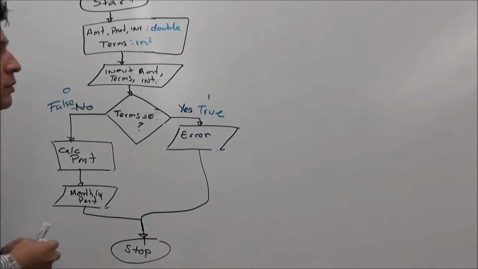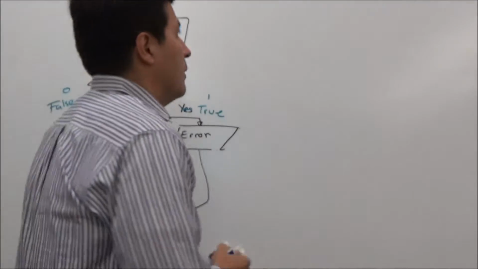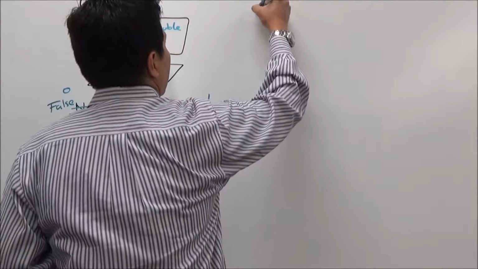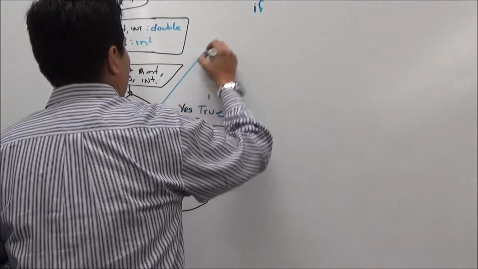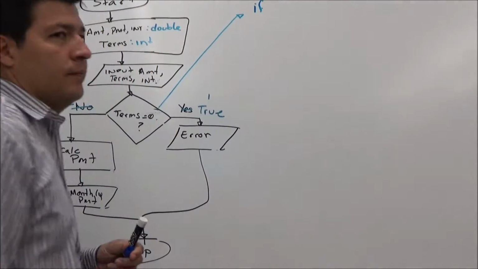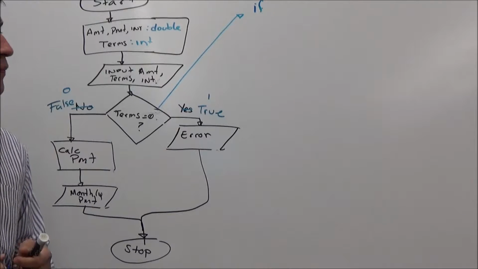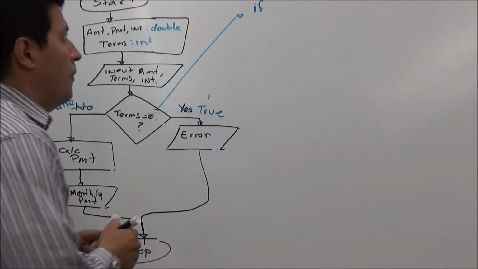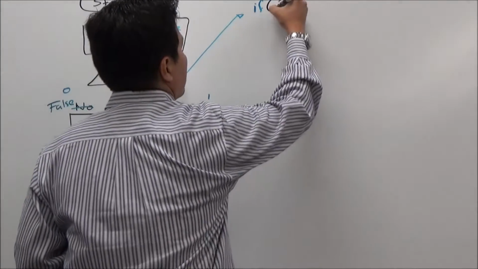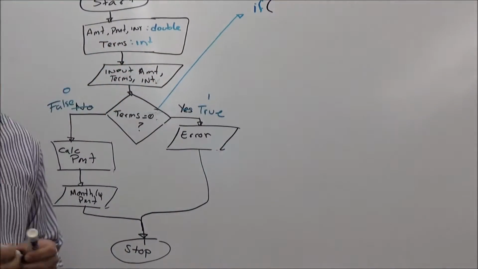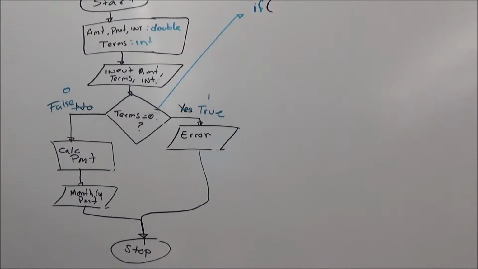To code this, we're going to use an if statement. So the diamond is this, an if. And the if is a built-in function. And because it's a function, it has parentheses.